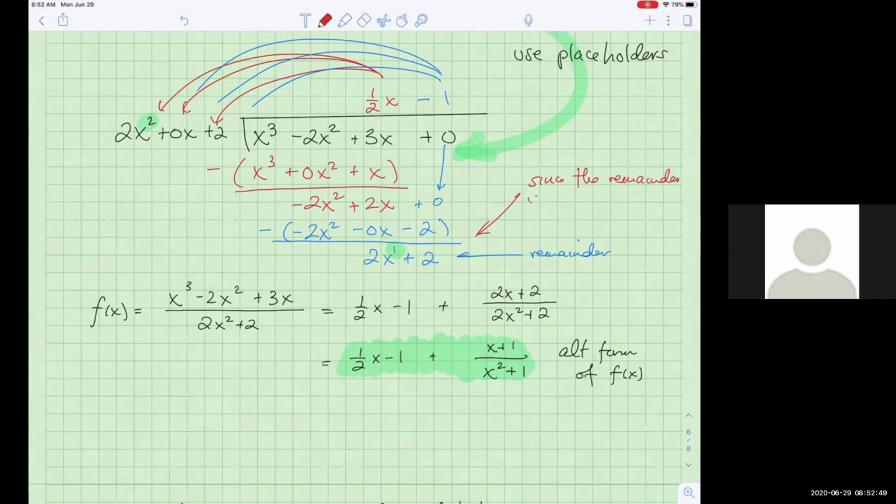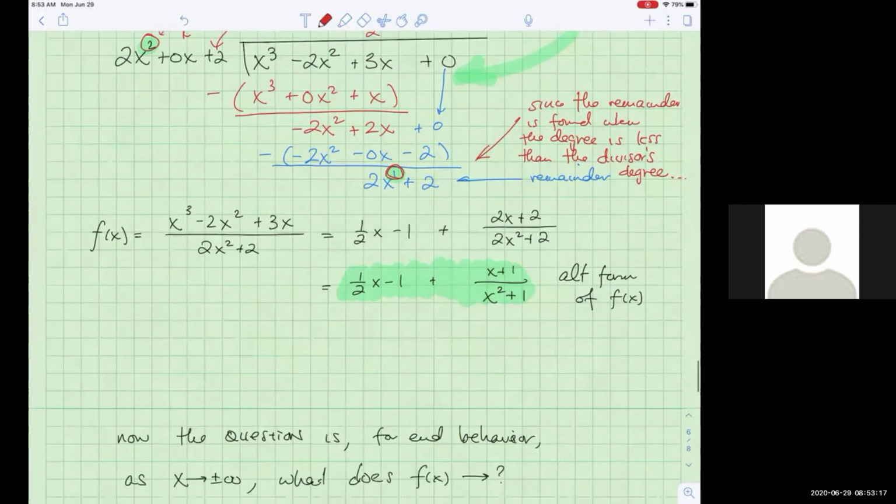Since the remainder is found when the degree is less than the divisor's degree, so the fact that this 1 here was less than this 2, that told us that that was our remainder.